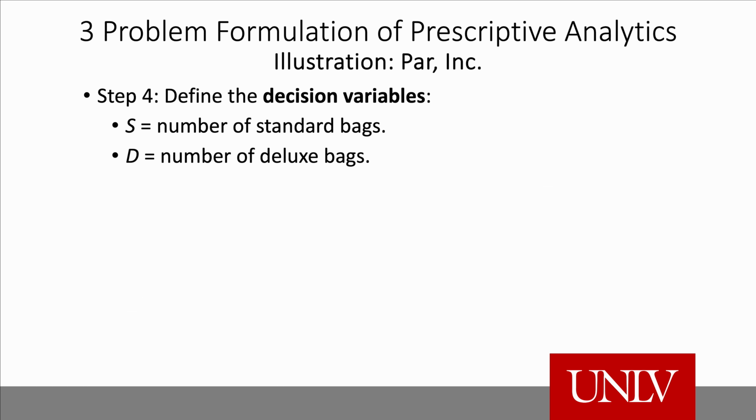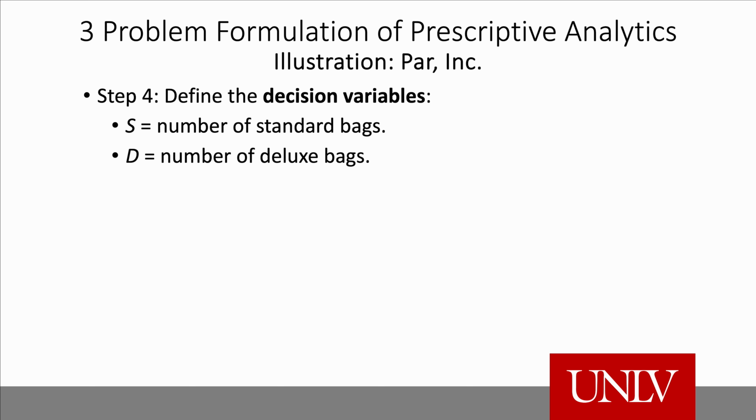And now we can define the decision variables. A decision variable in any mathematical model is a controllable input that the decision maker can change or adjust, right? So in the context of the Par company, the number of standard bags to produce and the number of deluxe bags to produce are not fixed. They are the choice the company must make based on the resource availability and the profit margin.